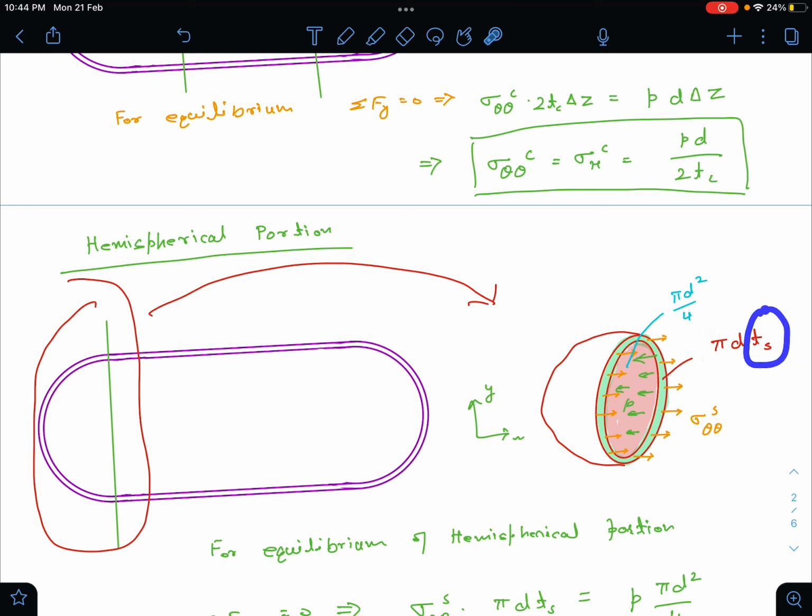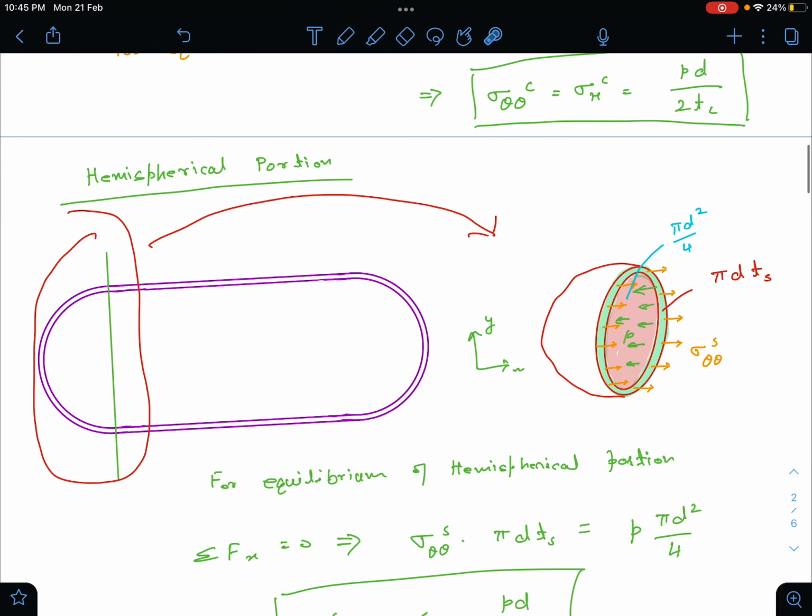Ts stands for the thickness of the spherical portion. On this area, sigma theta theta s is acting, that is hoop stress, and the internal area on which pressure is applied is pi d square by 4.